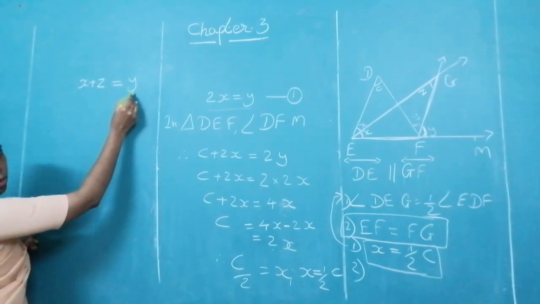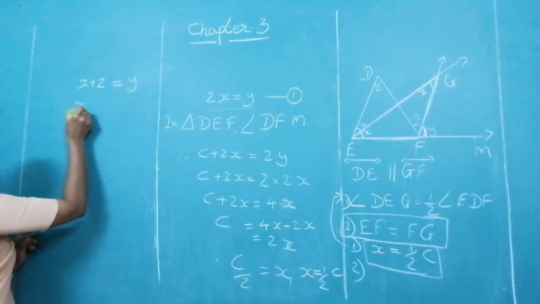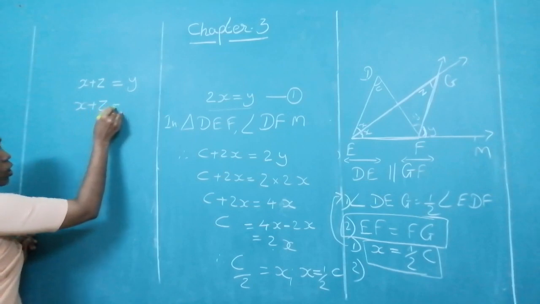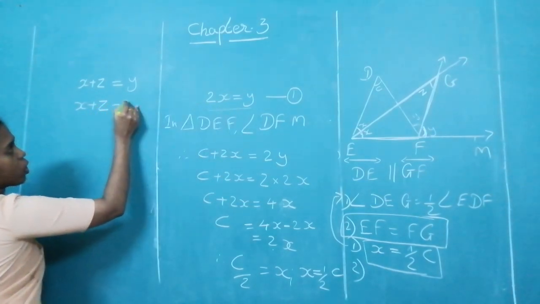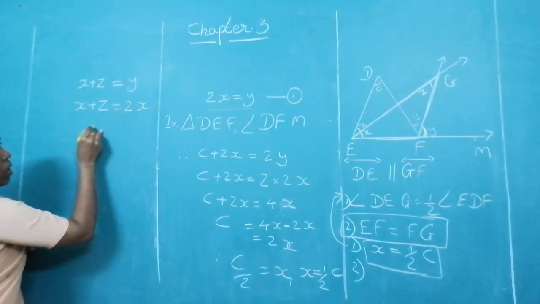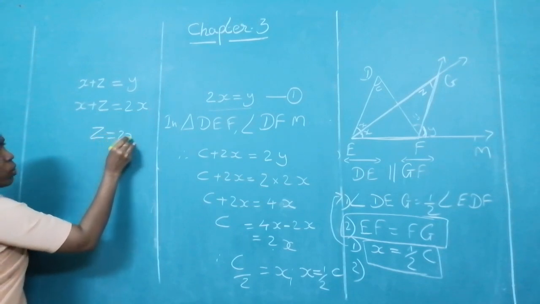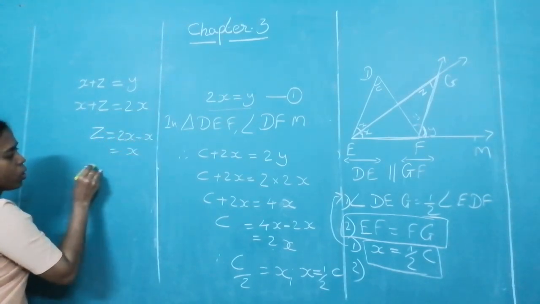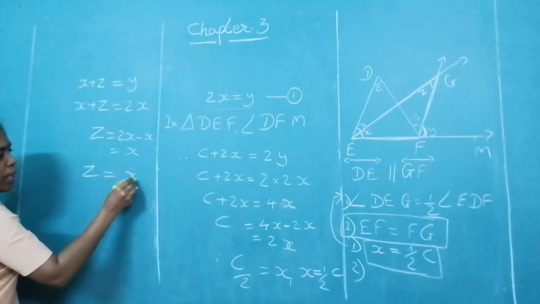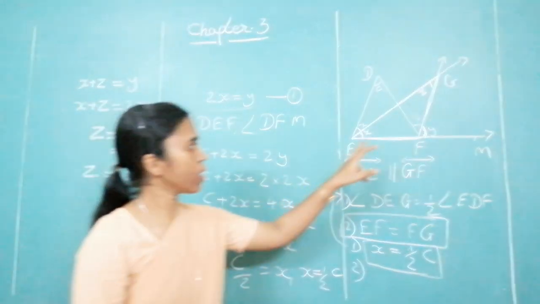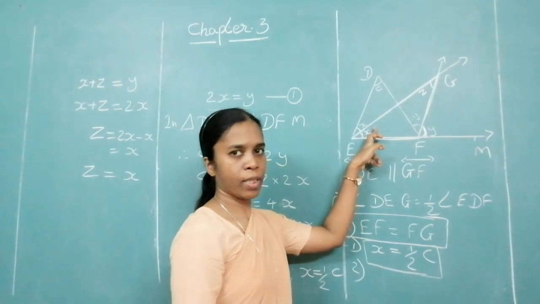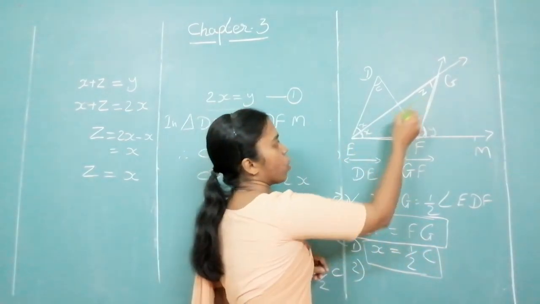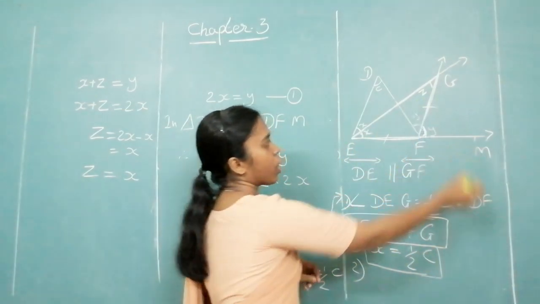So I have to replace y over there. Okay. So x plus z is equal to, what is my y? Y is equal to 2x. Therefore, z is equal to 2x minus x, that is equal to x. So I am getting z is equal to x. Now look at x and z. Z is equal to x. If these are equal, the opposite sides are also equal.